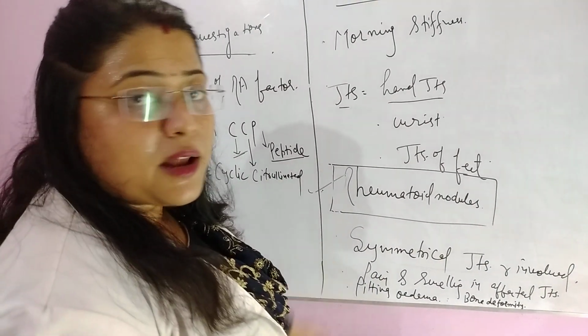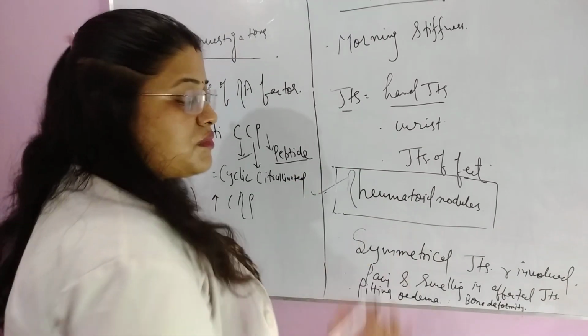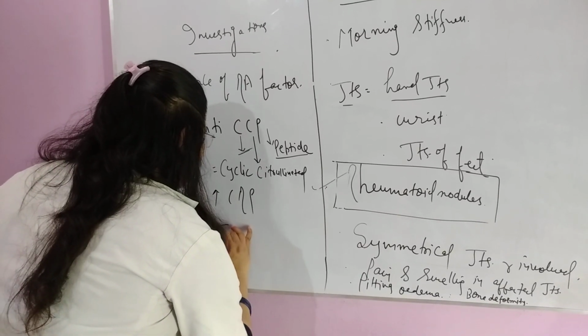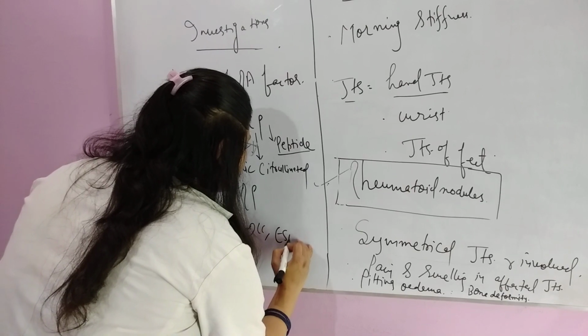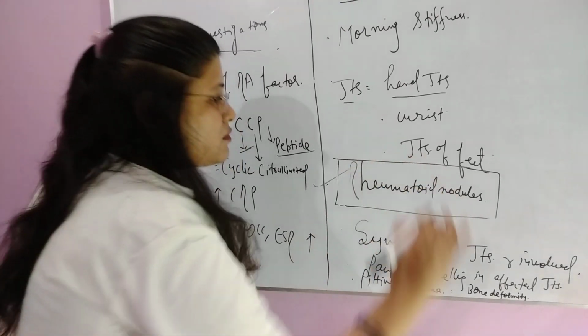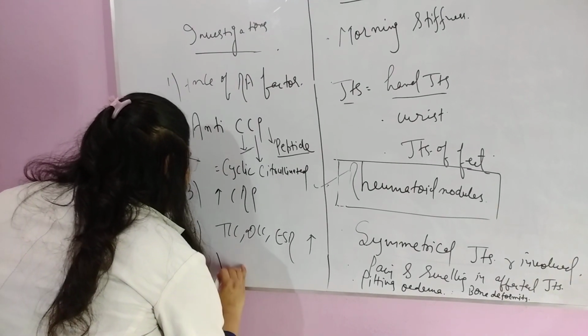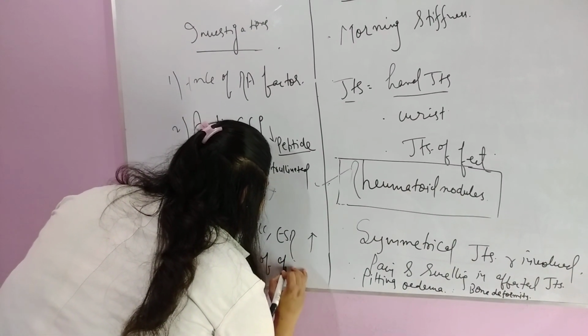That is CRP, raised CRP. Fourth is TLC, DLC, ESR. And last one is X-ray of affected joints.